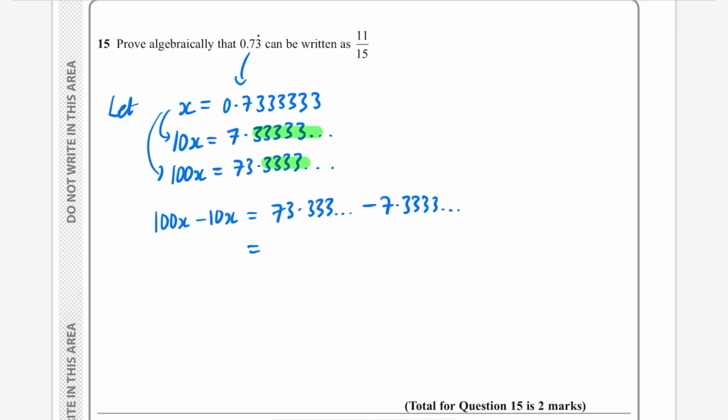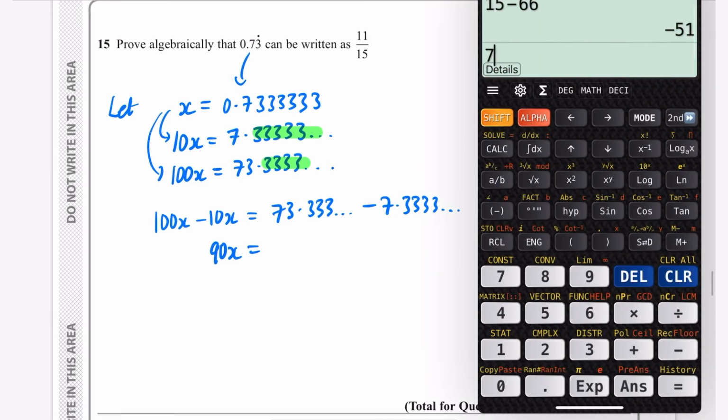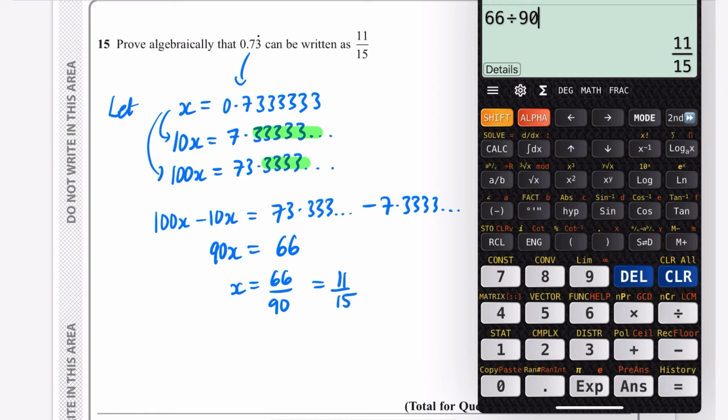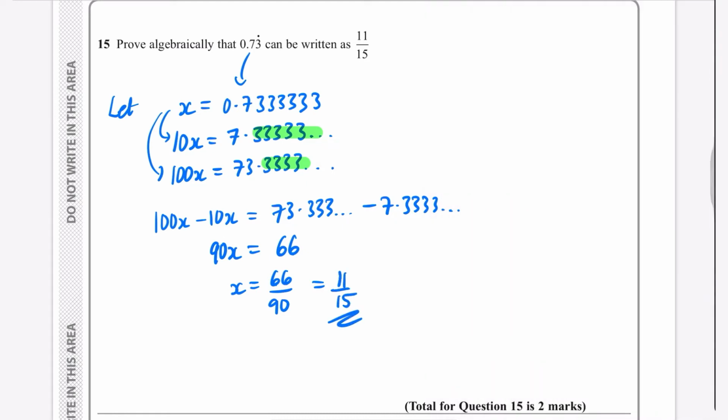All the 3's are going to get rid of each other. I'll be left with 90x on this side, and I'm going to be very lazy and do 73, take away 7, because all of the 3 parts are going to disappear, which is just 66. So x is 66 over 90, and 66 over 90 is 11 over 15. So this is the proof part that we're looking for over here.